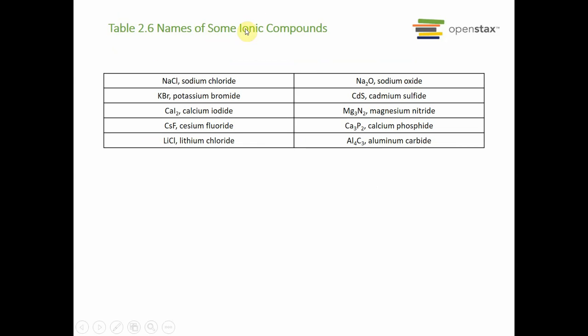Okay, so names of some ionic compounds. Sodium chloride, potassium bromide, calcium iodide, cesium fluoride, lithium chloride, sodium oxide, cadmium sulfide, magnesium nitride, calcium phosphide, aluminum carbide.